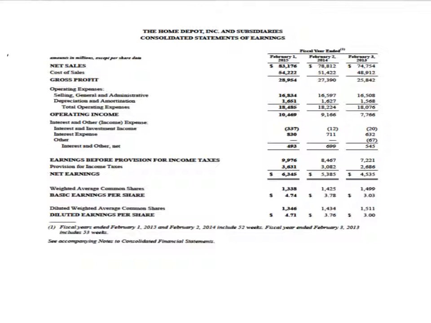So this is chapter 3, and again we're taking a look at the Home Depot financial statements. And the statement that you should be looking at right now is what we call the income statement, also called the statement of earnings, which you can see here. Those words are used interchangeably.